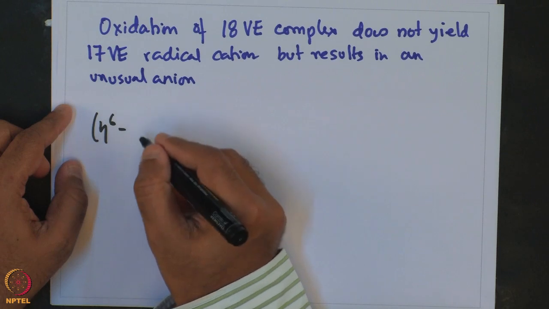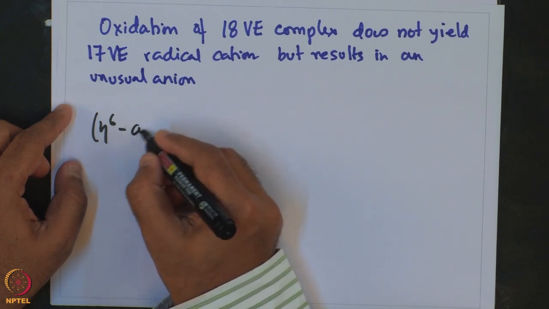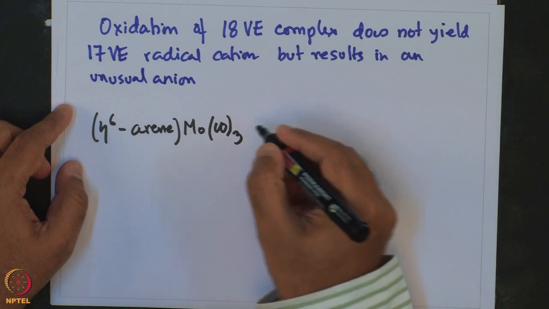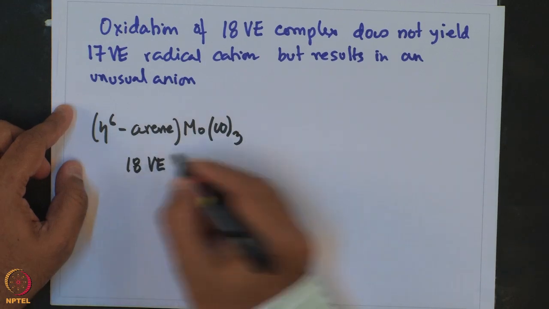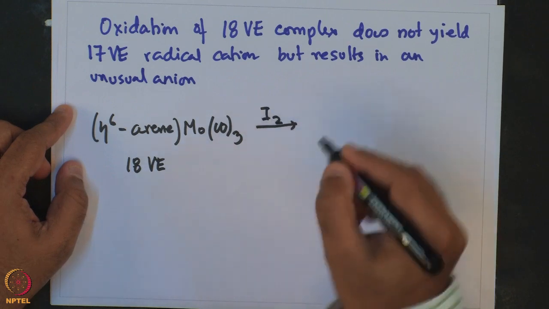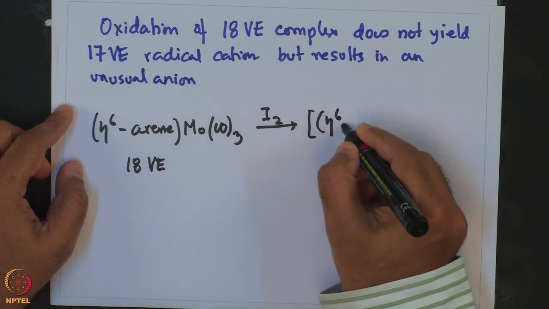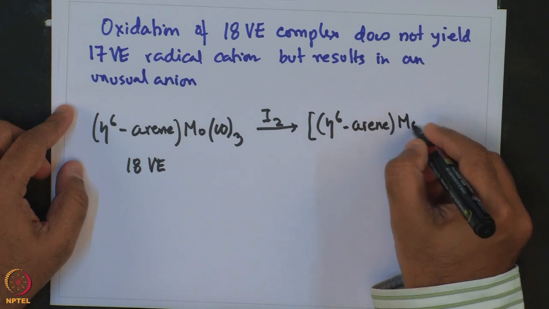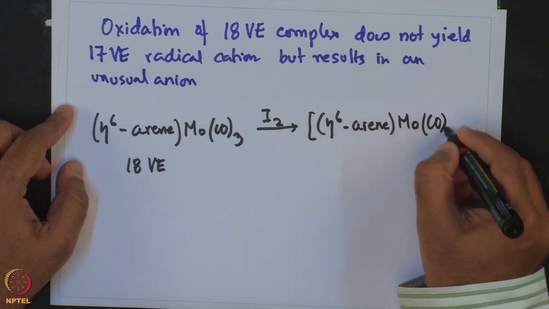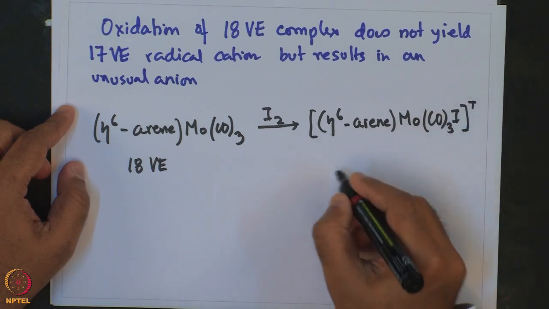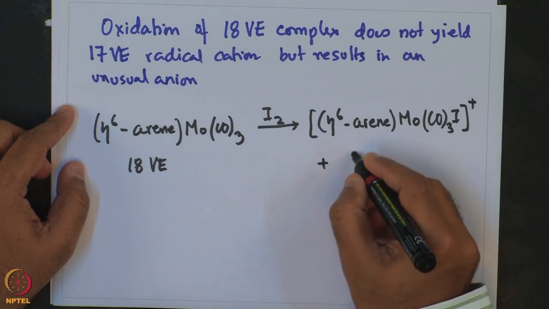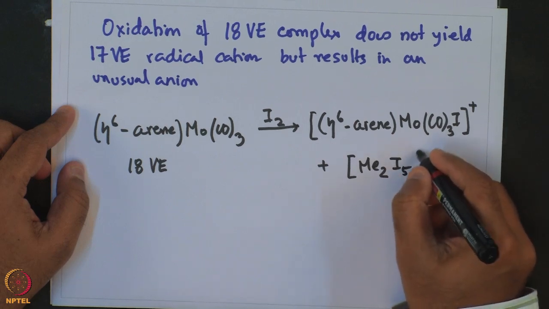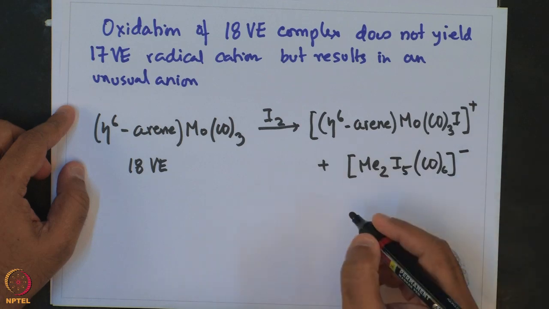Eta-6 arene molybdenum tricarbonyl, which is an 18 valence electron complex, with iodine gives eta-6 arene molybdenum tricarbonyl iodide plus a corresponding anion, which is Mo2I5(CO)6 anion.